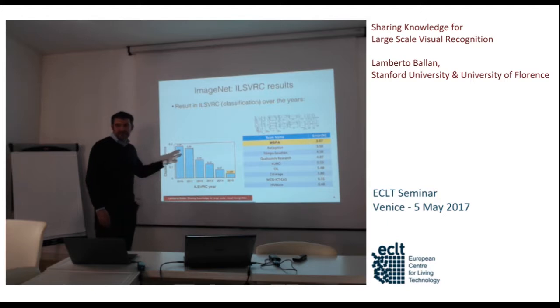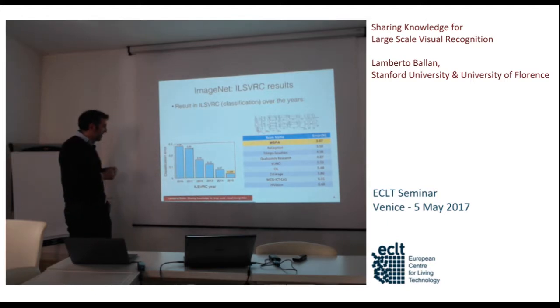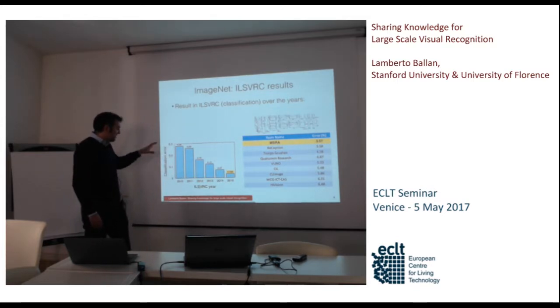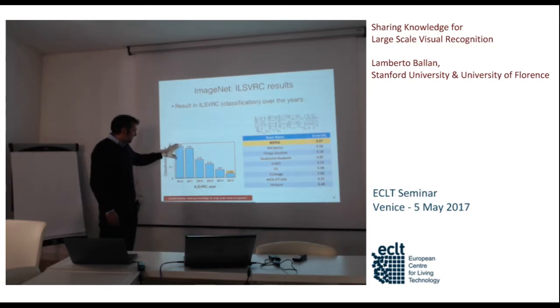And this is something that you can observe here. The ImageNet Large-Scale Visual Recognition Challenge, for a while, till 2011, in this image classification task, the best teams were able to provide performances like this. This is the error in classification.